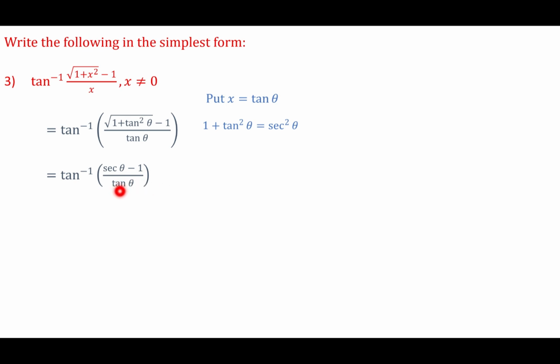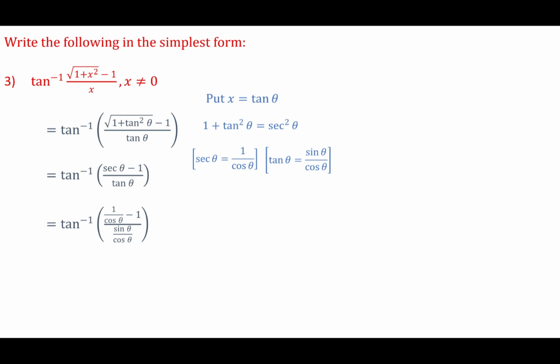Now, this tan and secant, try to switch in terms of sine and cosine. So secant I can write as 1 over cosine, and tan I can write as sine over cosine. So in place of secant, I will write 1 over cosine, and in place of tan, I will write sine over cosine.